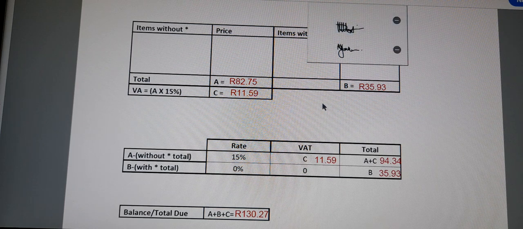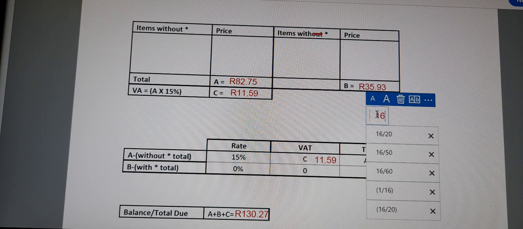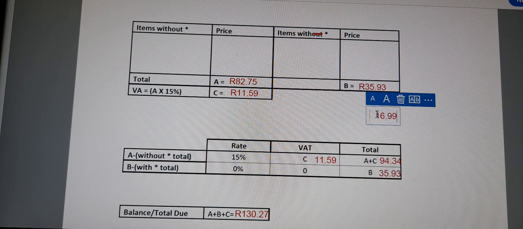I just want to show you how they expect you to write the answer. So the answer will be 16.99 plus 6.99 plus 11.95, and then you write your equal sign, you write 35.93.